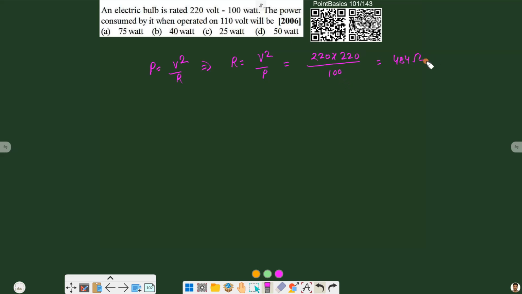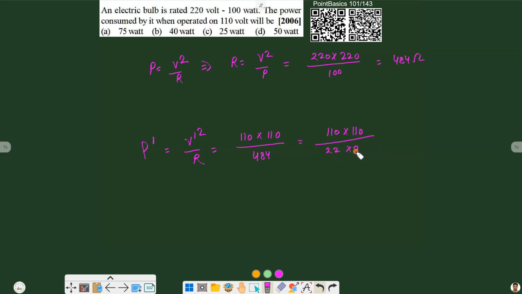Now we know the resistance of the bulb, and we also know the potential on which it's operating. So we can again use this formula: the new power, P dash, will be V dash square by R. Here V dash is the newer potential, that is 110, divided by the resistance, 484. And this 484 we can write as 22 into 22 to make the calculation easier.